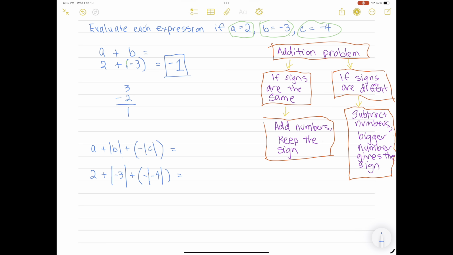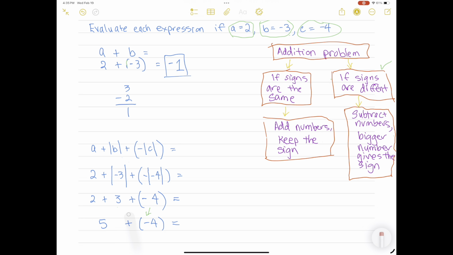So we start by simplifying the absolute values, which gives us 2 plus the absolute value of -3 is +3, plus the negative of the absolute value of -4 is -4, and I draw a parenthesis around -4. 2 plus 3 simplifies to 5, plus -4, I rewrite that on the next line. 5 plus -4 have different signs.